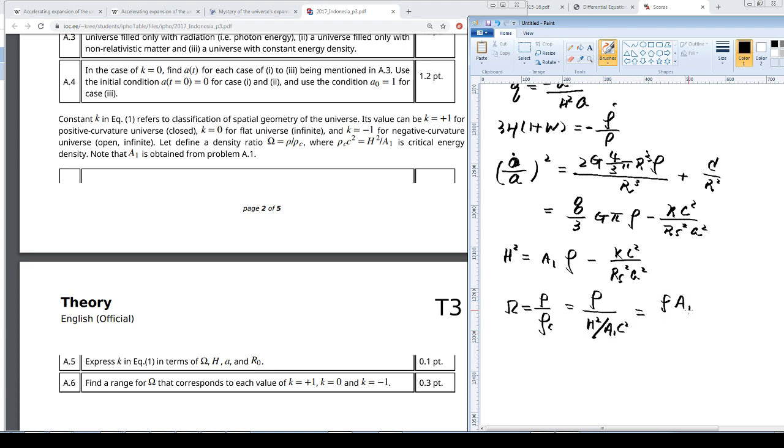So rho a1 c squared over H squared. If we divide by H squared, we get 1 equals rho a1 over H squared, and also divide by c squared.